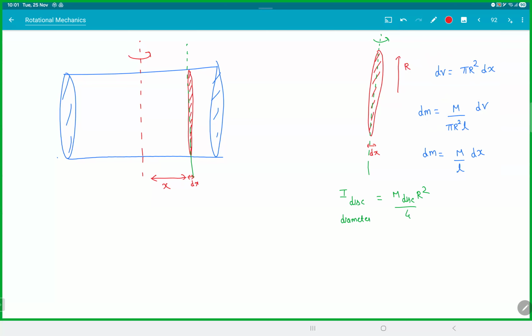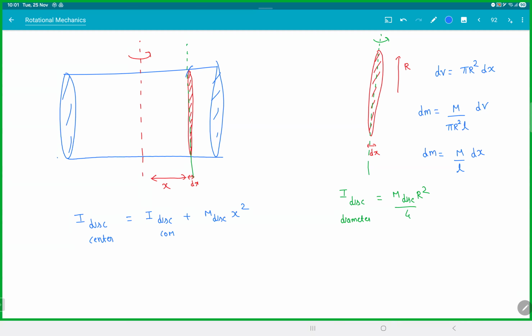So for this thin disk about the center of mass, right, about the center, will be I disk about its center of mass plus mass of that disk into the perpendicular distance square. Are you getting what I'm doing?